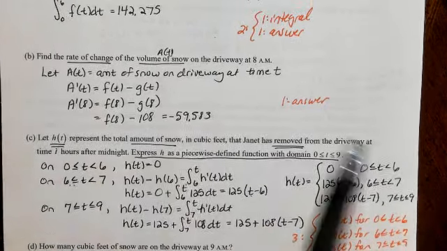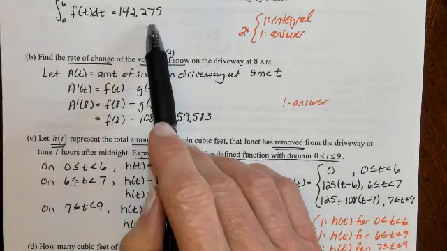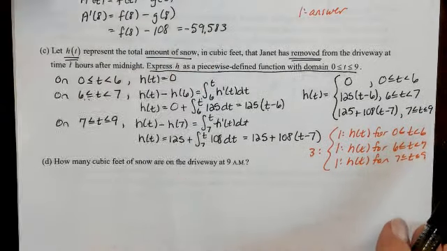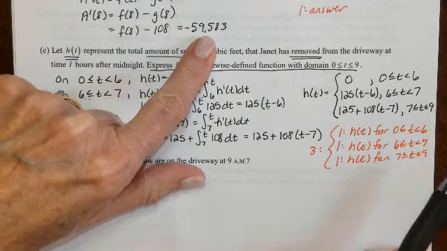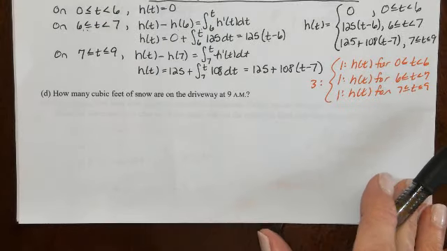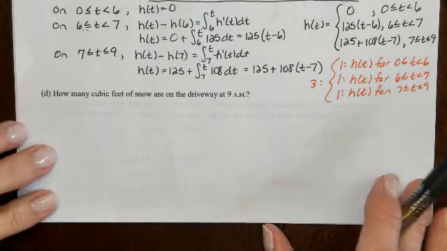Snow kept on falling, but she was also shoveling at a pretty decent rate, because remember, at 8 a.m. the snow was being removed at that rate. Okay? So how many cubic feet are on the driveway at 9 a.m.?